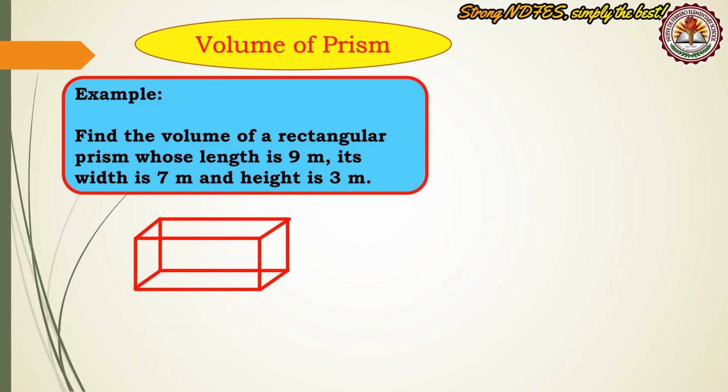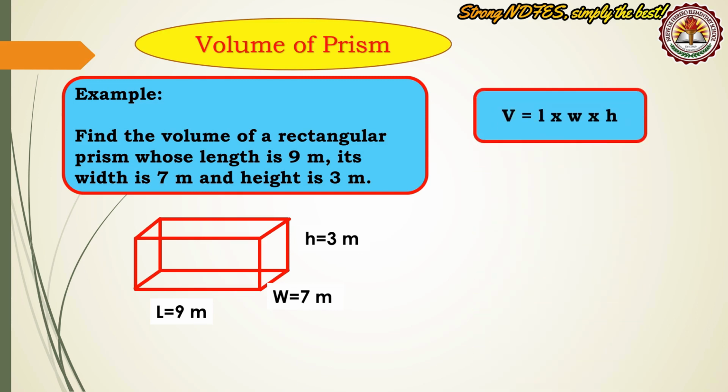Let us do this example. Handa na ba ang inyong papel at ballpen, mga bata? Kung ganon, halina at sabayan niyo ako sa pag-solve ng problem na ito. Find the volume of a rectangular prism whose length is 9 meters, its width is 7 meters, and height is 3 meters.